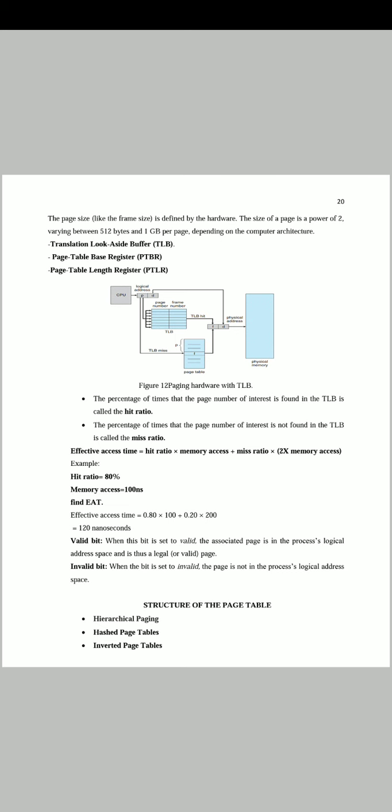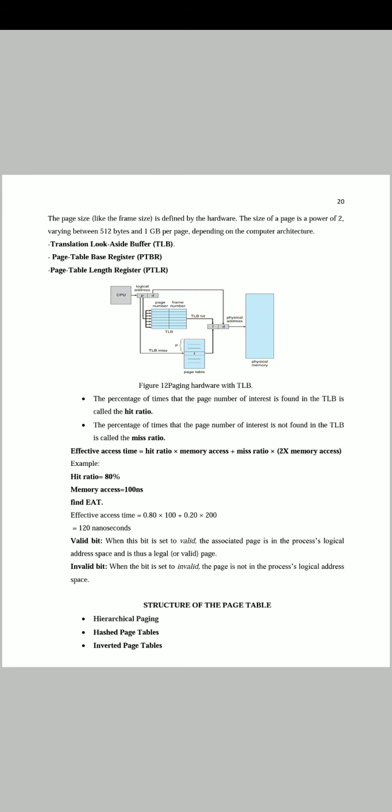So what I am supposed to do is, when there is a miss ratio, I have to multiply that memory access time by 2. 100 is the memory access, so 100 into 2, 200. Whatever value I get is 120 nanoseconds.